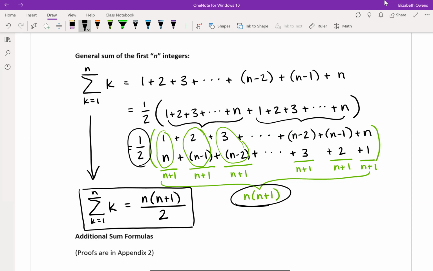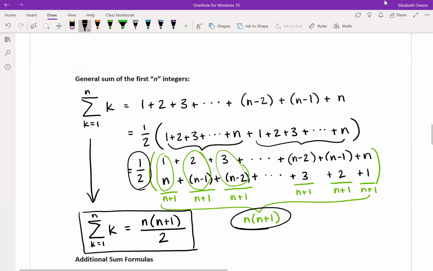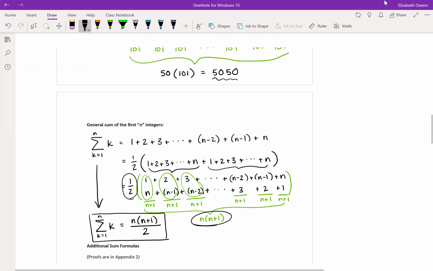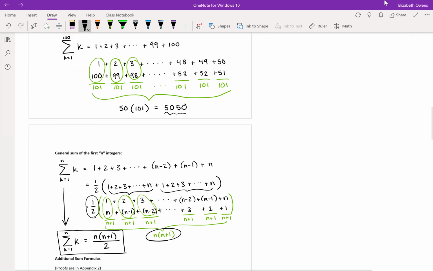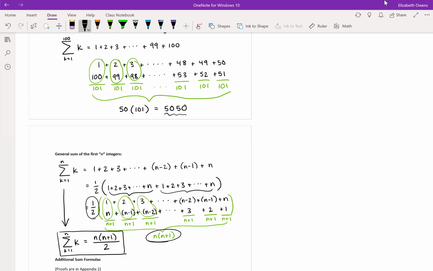And there we go. And that actually works out for little Gauss's formula as well from his problem. His n value was 100. So he had 100 times 101 and then divided by 2. Well, 100 divided by 2 gave him that 50 right there.